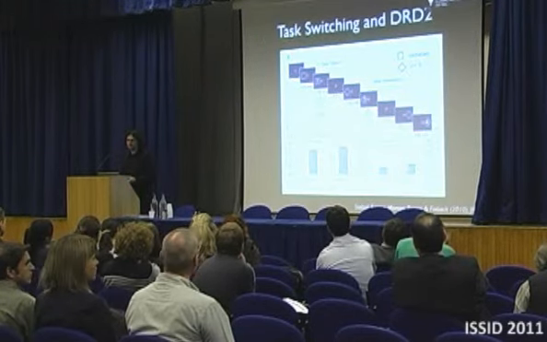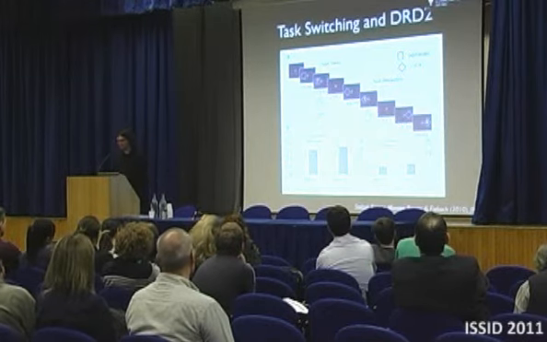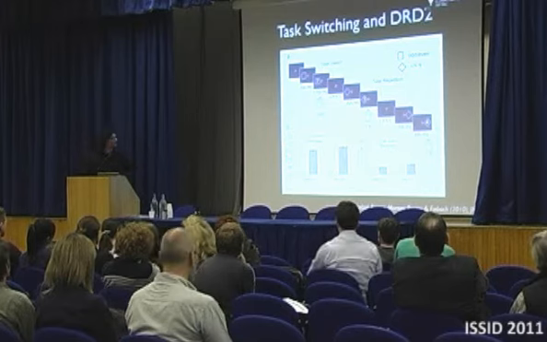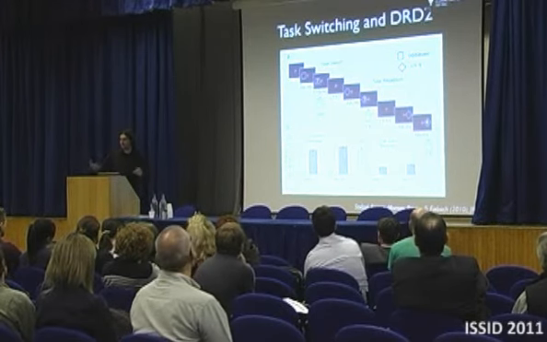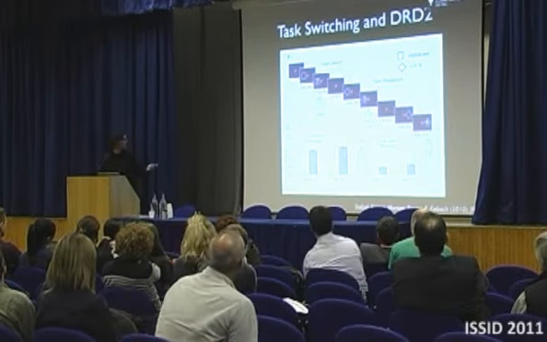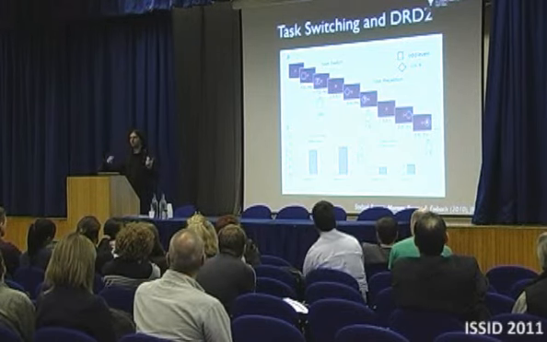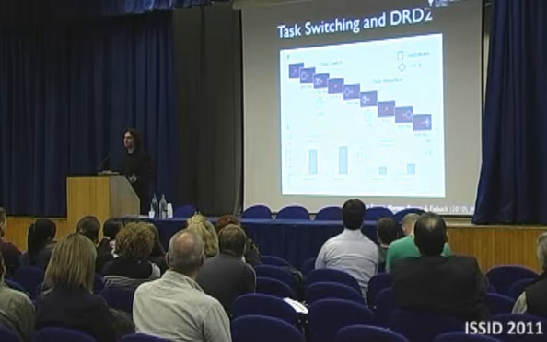And there is one study from colleagues of ours about task switching and the DRD2 gene, and they were able to show in a regular task switching design, without any inhibitory control component involved, that participants who carried this A1+ genotype with a reduced receptor density were actually better in task switching.